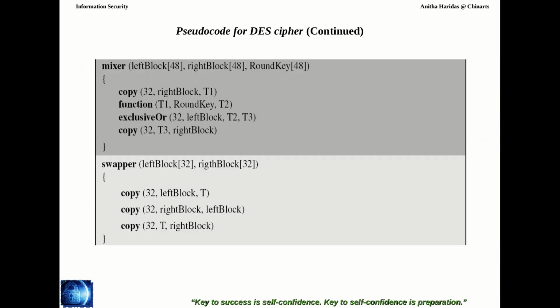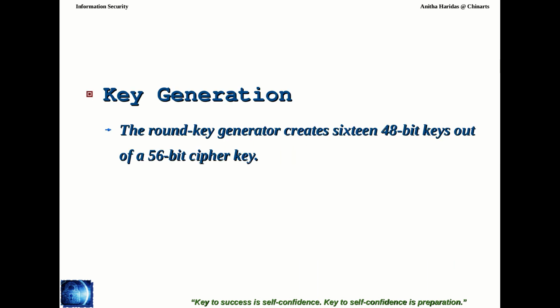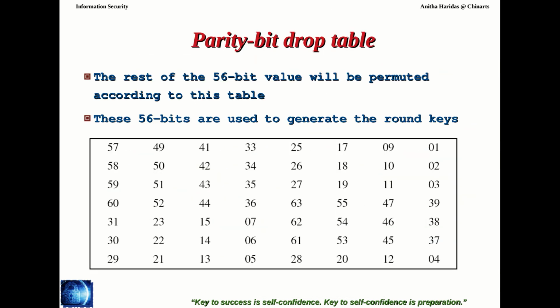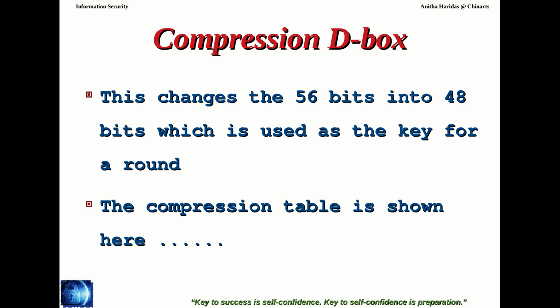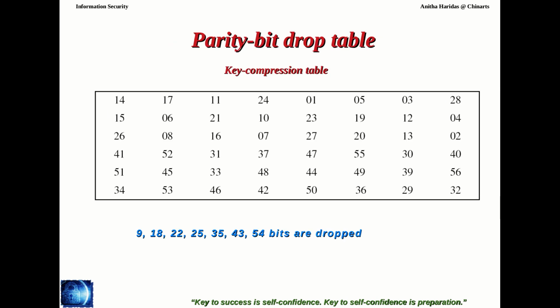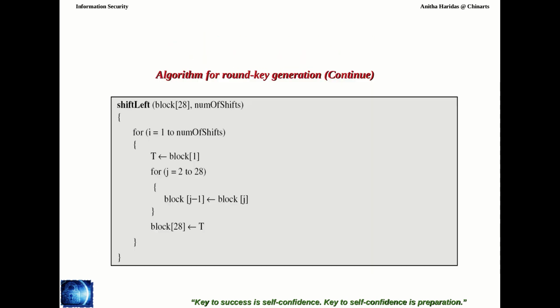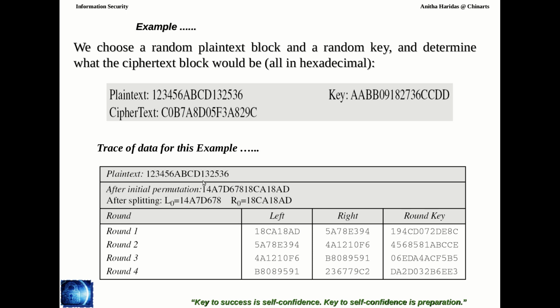The pseudocode for the DES cipher and the key generation algorithm can both be implemented using simple C or C++ programs. Then you can try this particular example, and you will be getting this ciphertext.